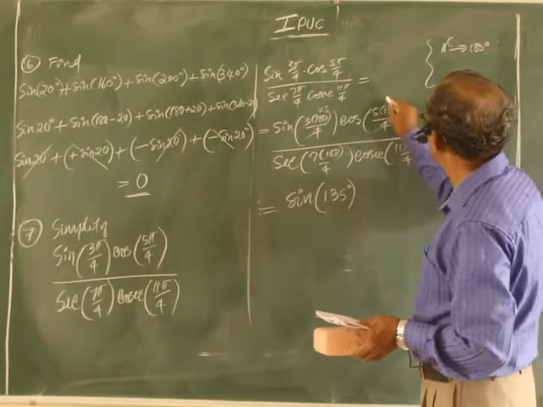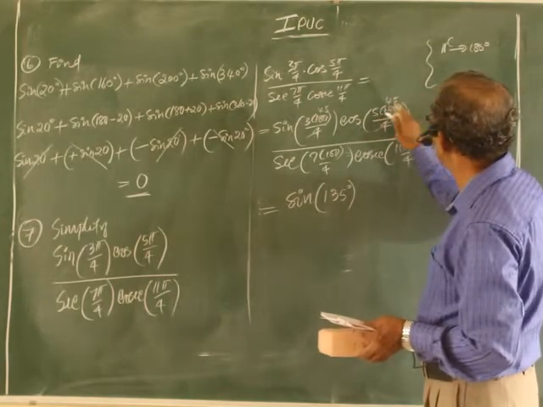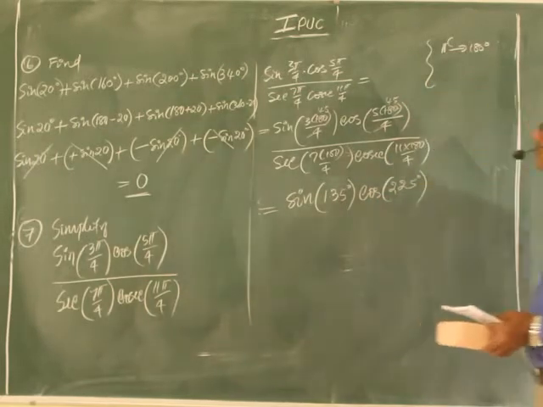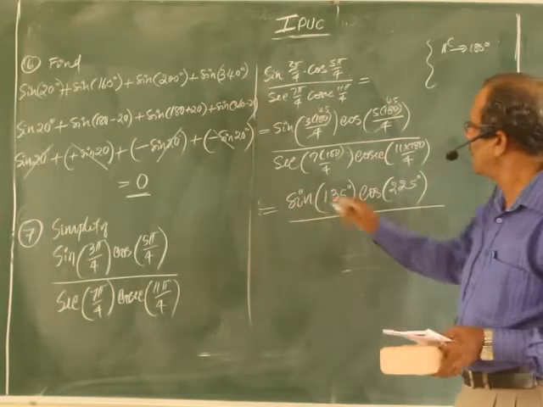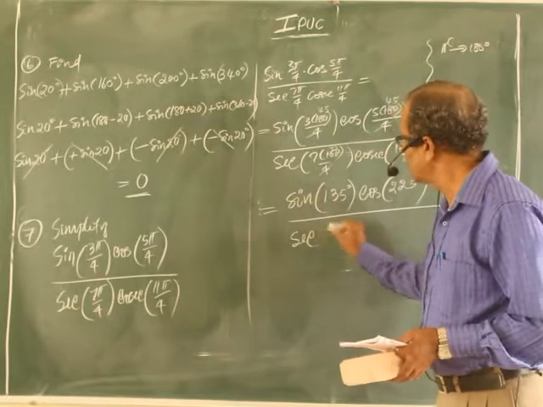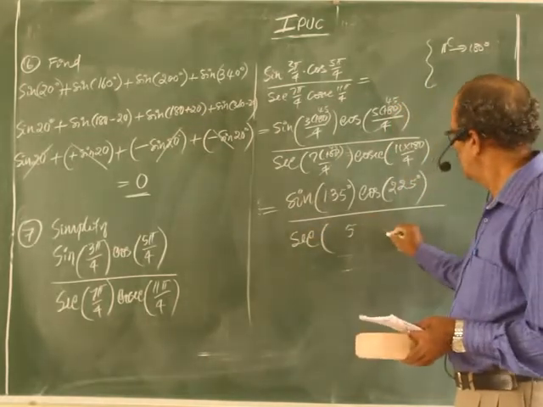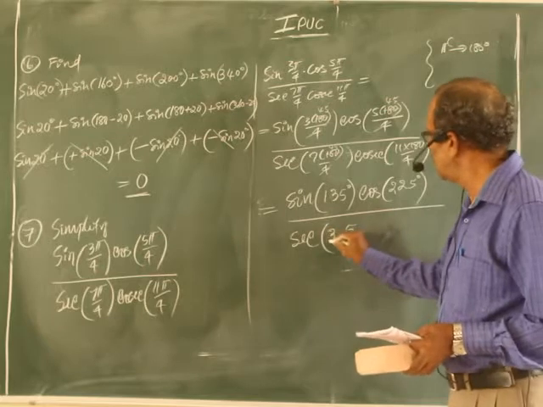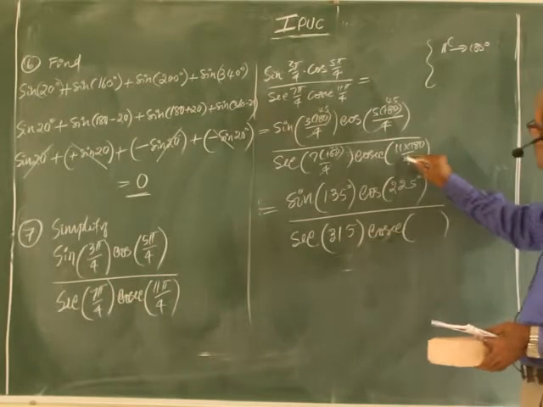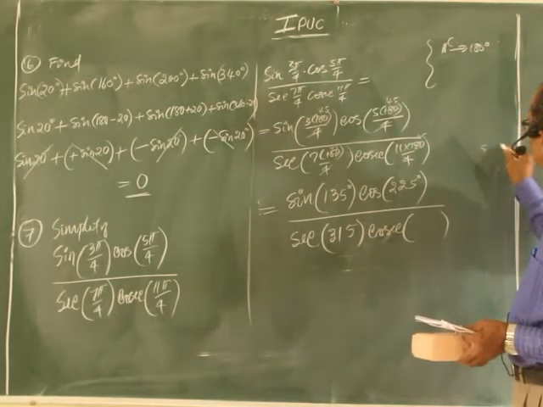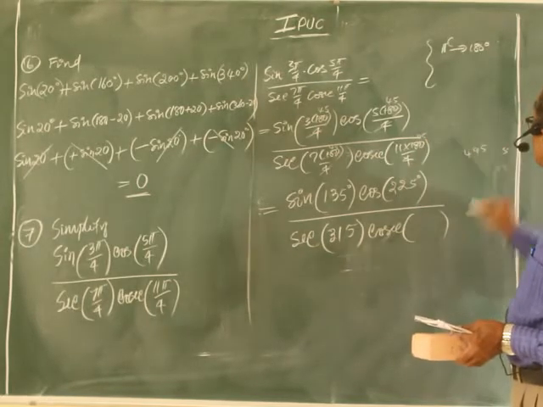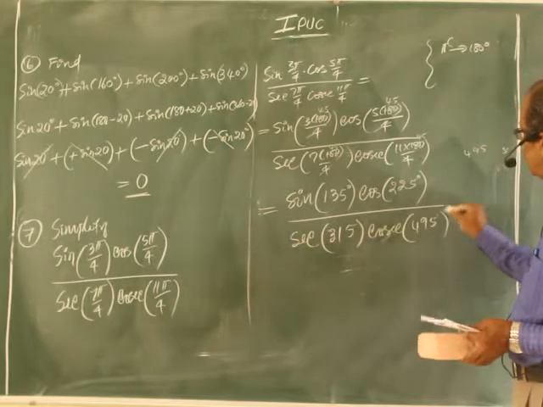Sin 135, cos 225, divided by secant 315, cosecant 495.